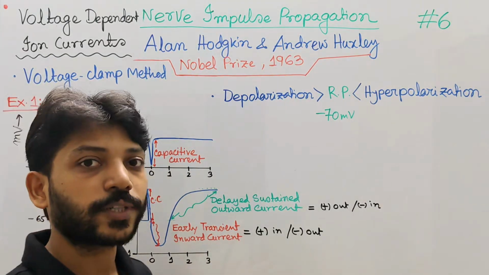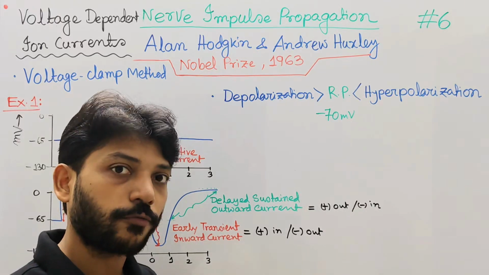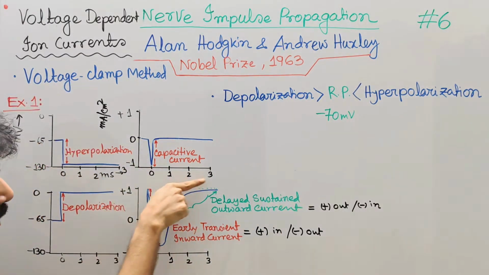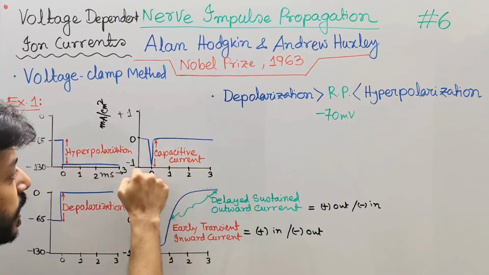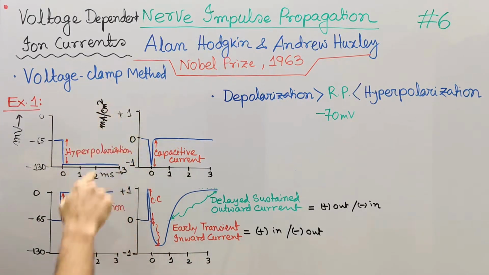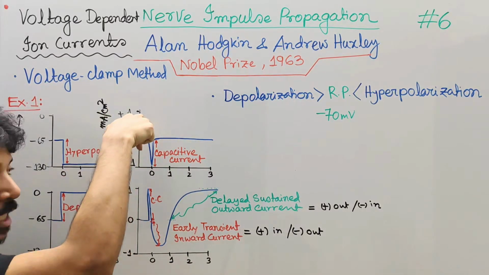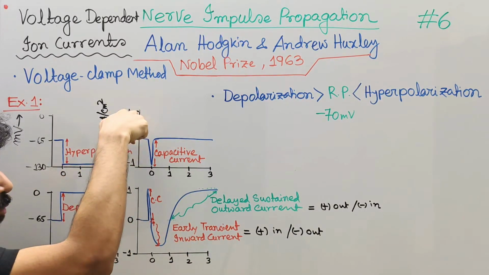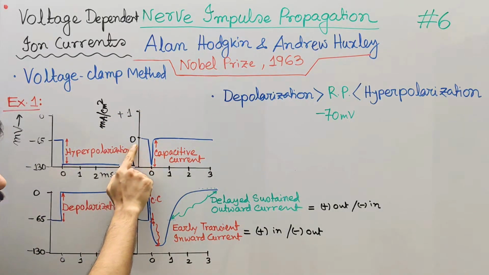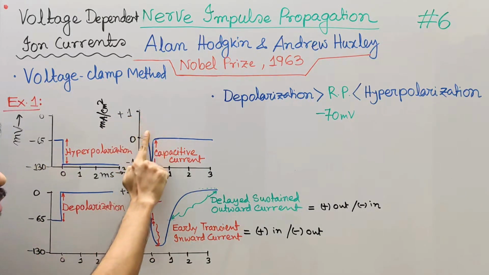Now current means ion currents, because due to the flow of ions, this current is generated. This axis represents time in millisecond, and this axis represents current in milliampere per centimeter square. Now one thing I want to mention, the current that goes in this direction from 0 to minus 1, we will call inward current, and the current that goes from 0 to plus 1, we will call outward current.